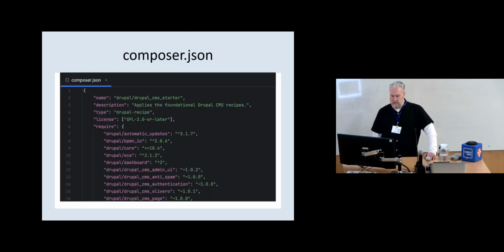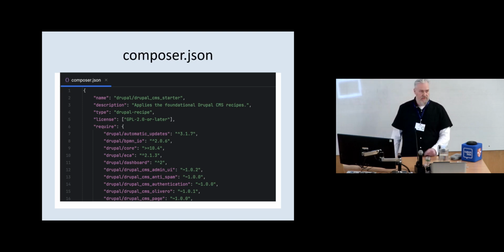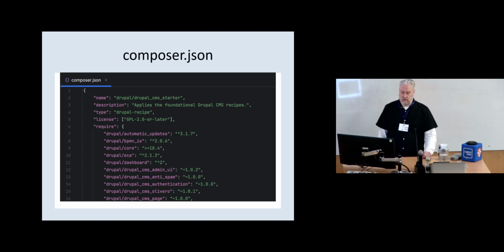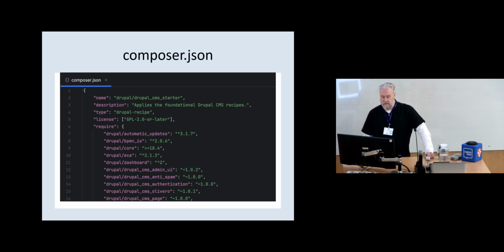So the Drupal CMS composer file, that's half of it. And if you've ever seen a composer file before, you'll see that the require bit is all the modules that get installed whenever you do a composer install with this recipe in place. So you get Automatic Updates, which is a new module that allows you to keep your site up to date.